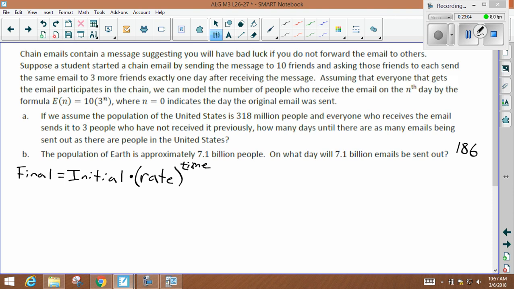So here we go. If we have this equation, what's it saying? It's saying we start with 10 people, 10 friends. Initially, 10 people have the email. Each of those 10 sends it to 3 people every day.